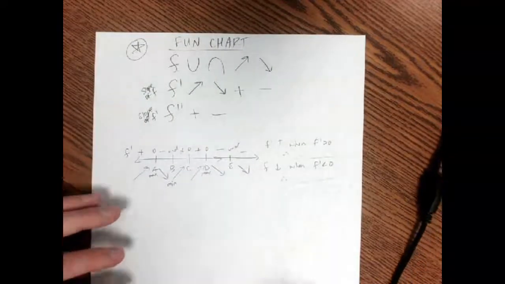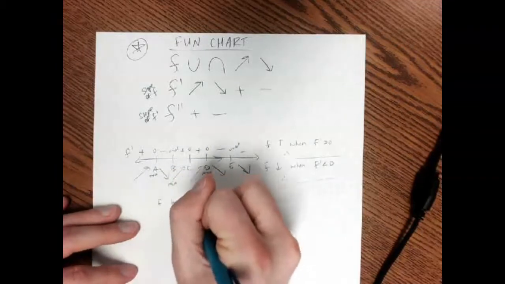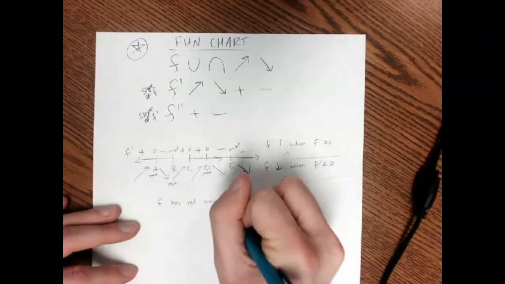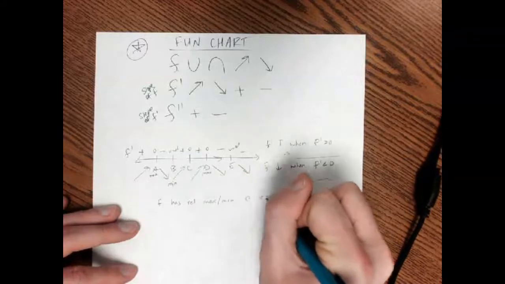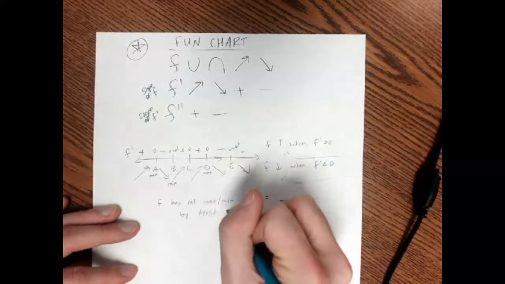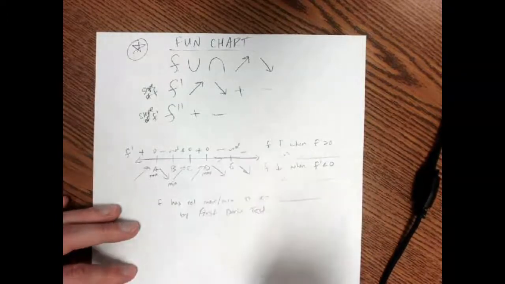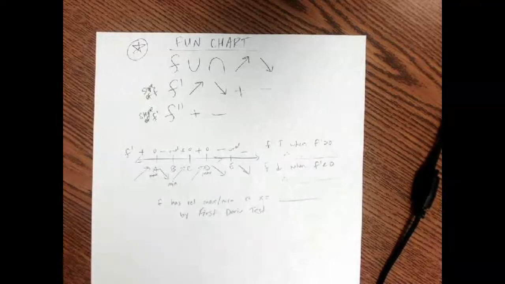Right? And you could classify your extrema as relative max or min at x equals, and you could say by first derivative test, right? The interpretation of the sign chart telling me how that derivative changes and that correspondingly produces a max or min. That is the first derivative test.